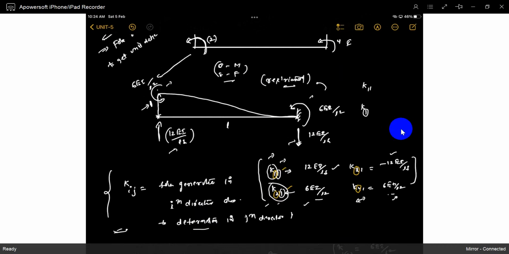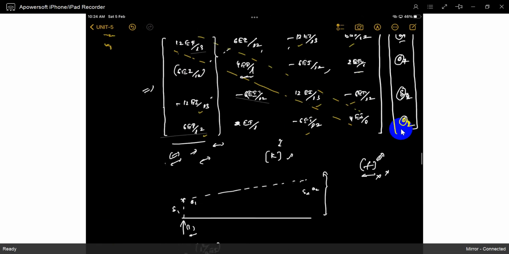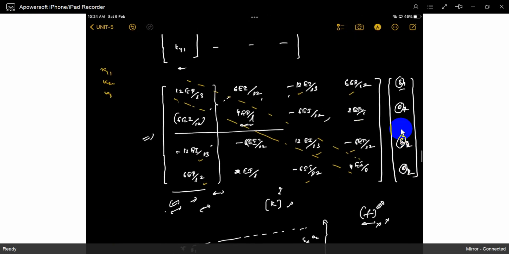Understood? So this is force developed in the 4th direction. Only the row represents the force generated in the direction of that M when unit change happens at different locations. So for unit change, those are the forces. You multiply with how much deflection is there. That is exactly the idea.